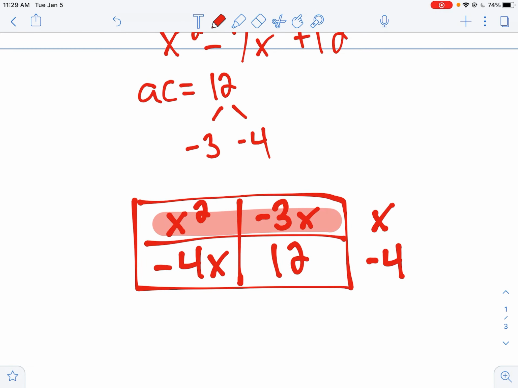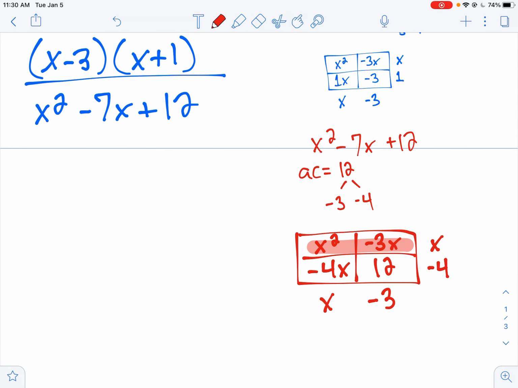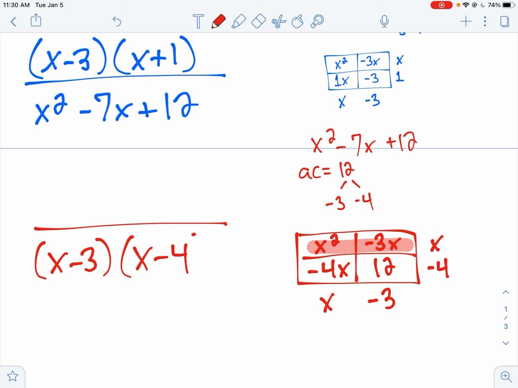X squared, negative 4x, common factor of x. Negative 3x and positive 12, common factor of negative 3. So now I can rewrite that down below as x minus 3, x minus 4. And I still have my binomial from before, x minus 3, x plus 1.